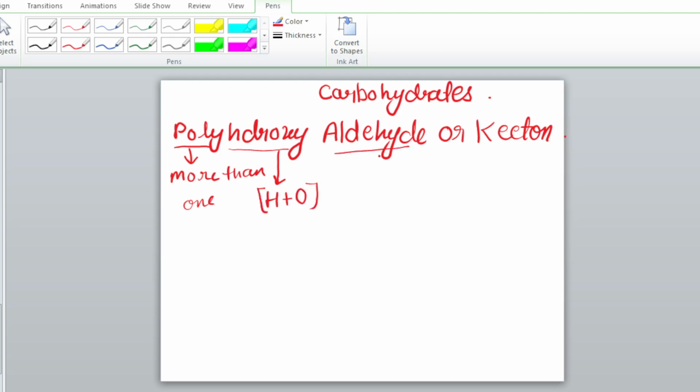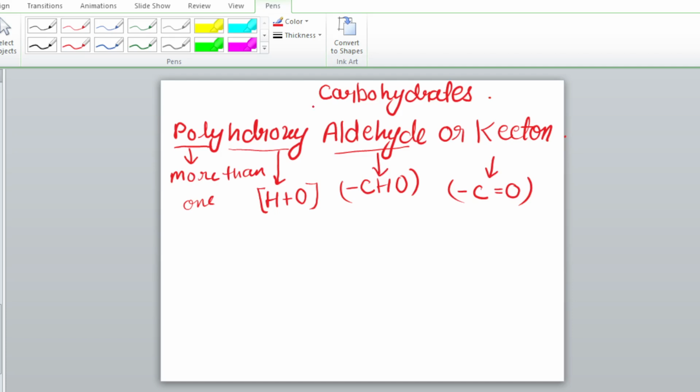Aldehyde is basically CHO, that is the aldehyde group. And what is ketone? C double bond O. This is ketone. Carbohydrates are basically a mixture of more than one hydroxyl, and an aldehyde or ketone group. That is the definition of carbohydrate.